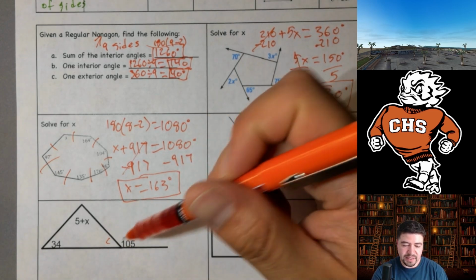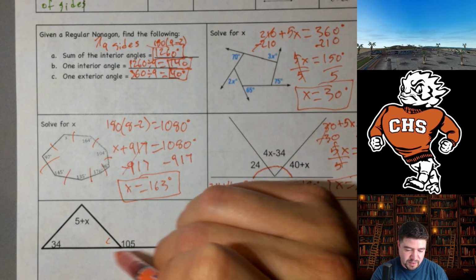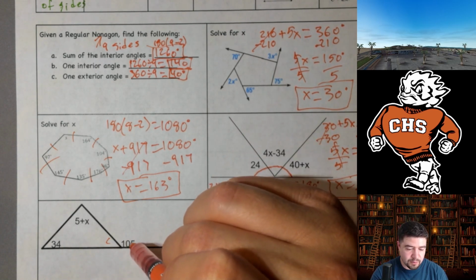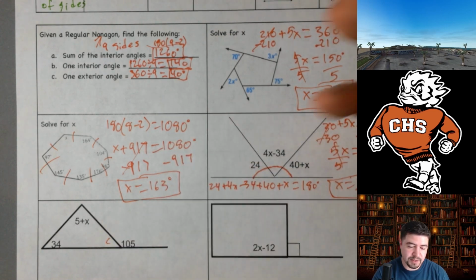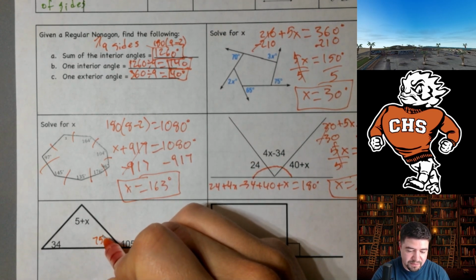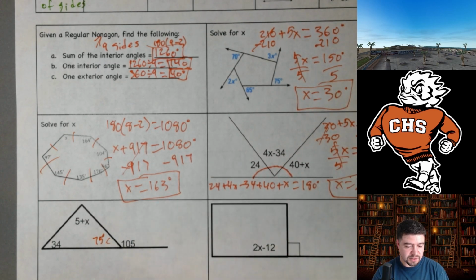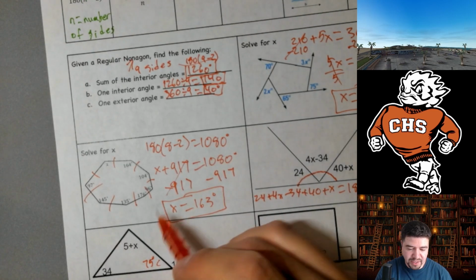The way that I can do that is by knowing the supplementary relationship here. 180 minus 105 is going to give me this leftover angle right here. So again, I can do that in my head. That is 75 degrees. So now we have this angle, and now we have all of these angles. We can set them equal to 180.